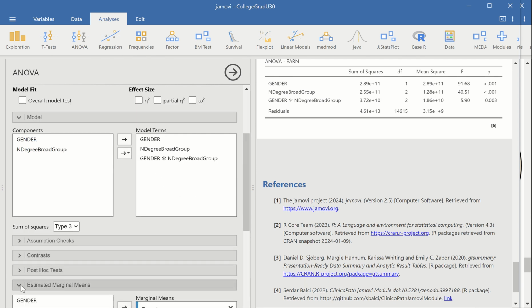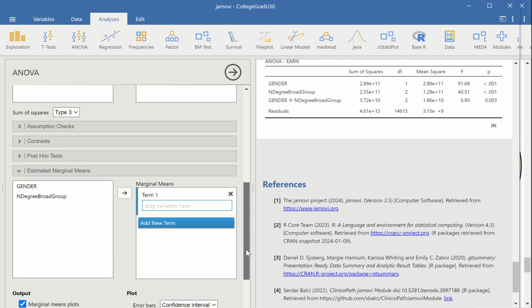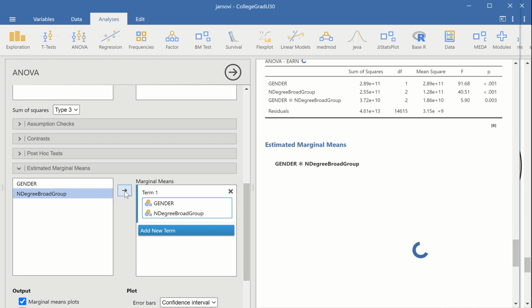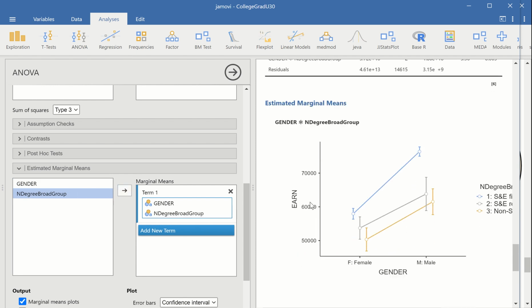So we'll go to our estimated marginal means down here, and we'll put our degree and broad group in there. That should break it out so we start to see these.